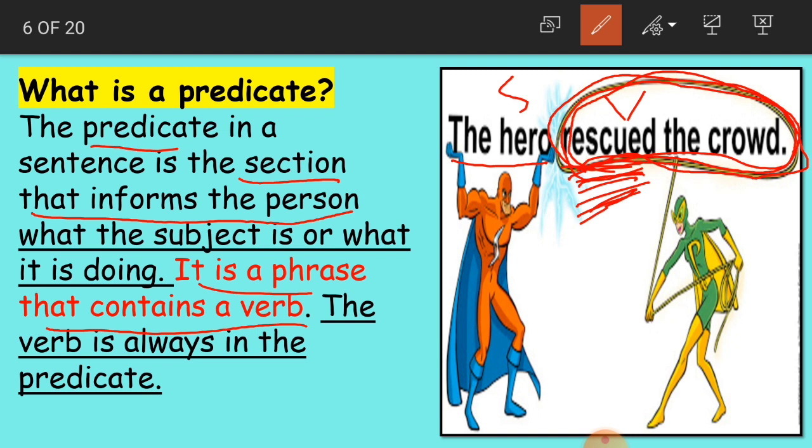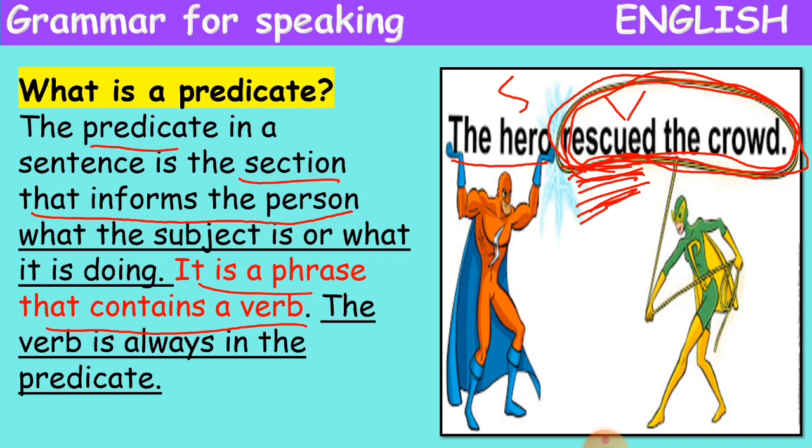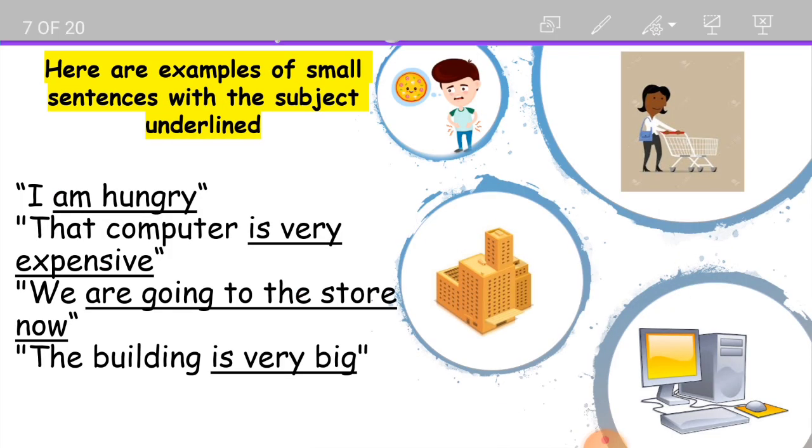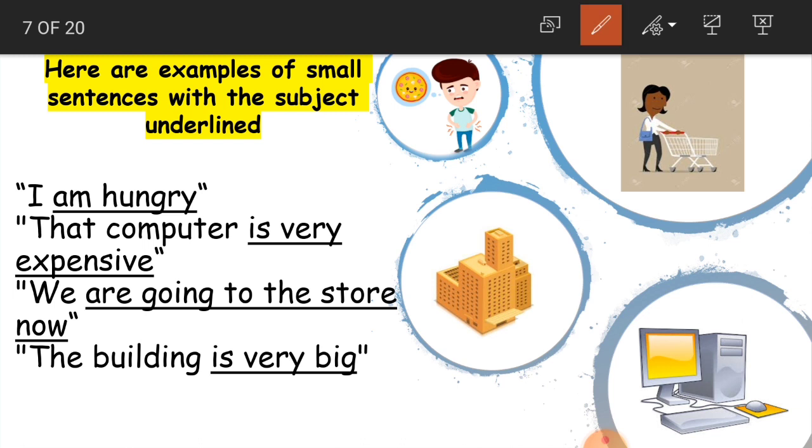And it is a phrase which is compulsorily going to contain a verb, an action word. Clear, children? Now here, I am going to give you some examples, children. The underlined parts in the sentences are the predicates.